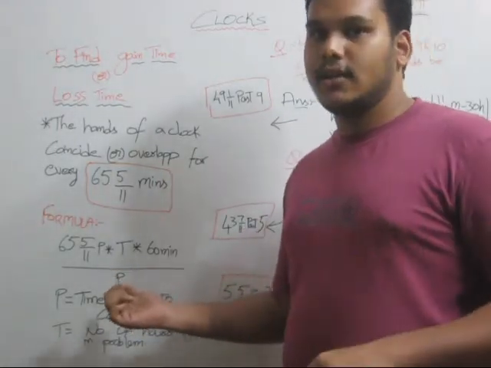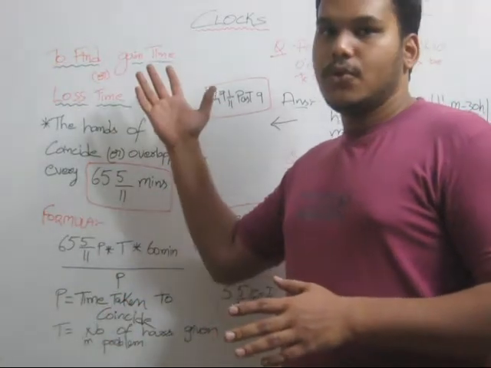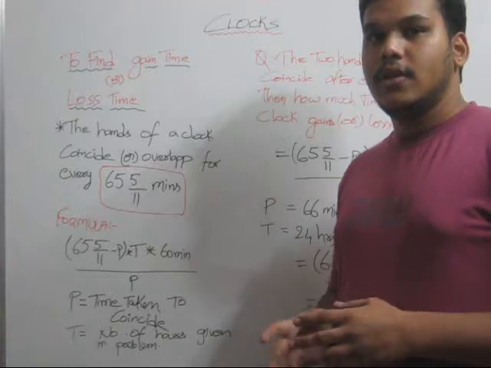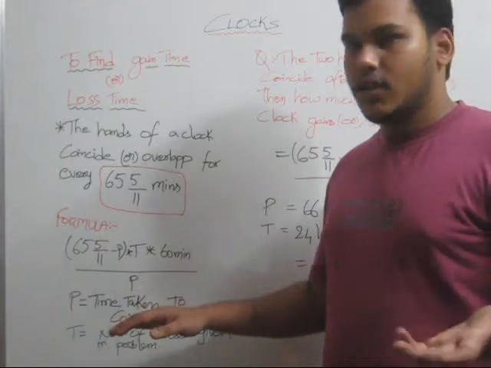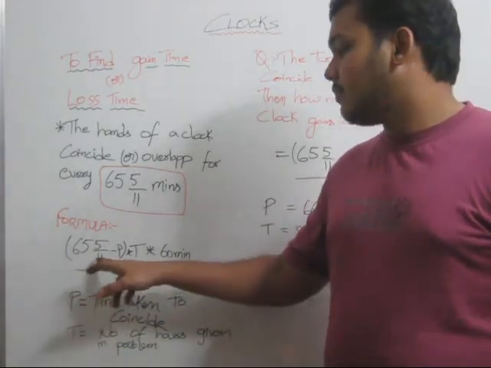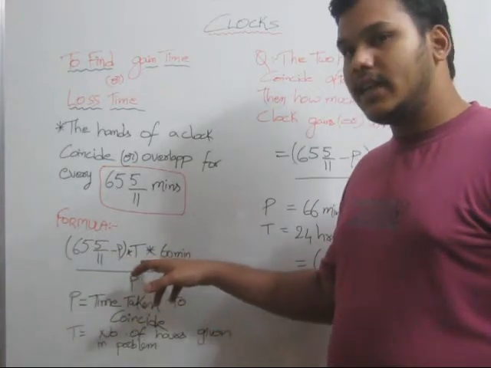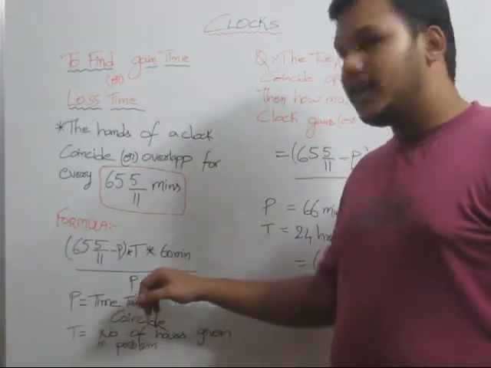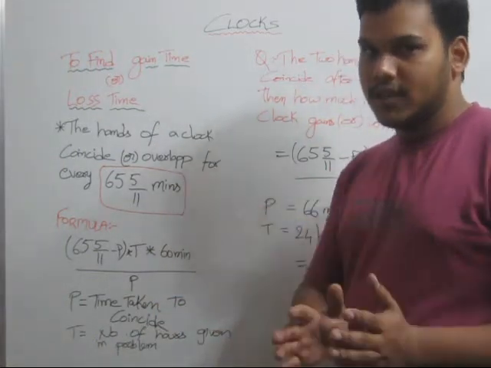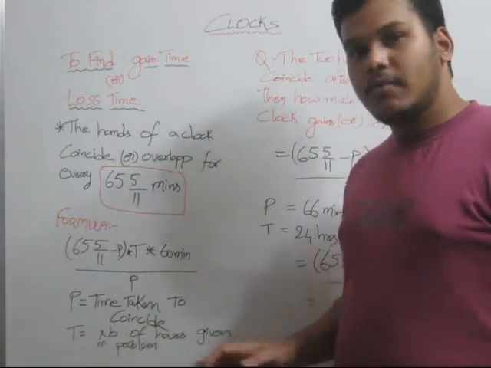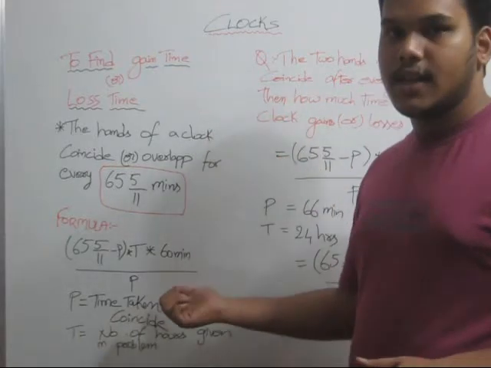Sorry guys, a small correction in the formula for finding a gain time or a lost time: it is (65 5/11 minus P), the whole multiplied with T into 60 divided by P, where P is the time taken to coincide the two hands, which is given in the problem, and T is the number of hours given in the problem. By solving a question, you can better understand this formula.